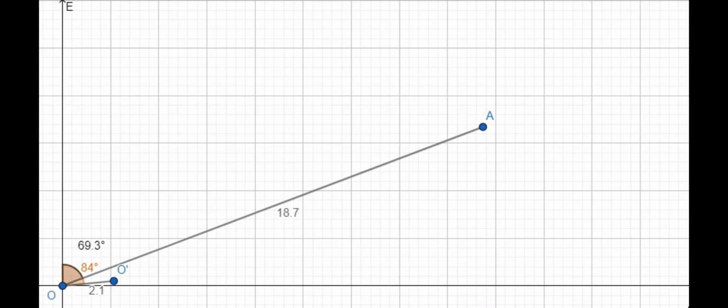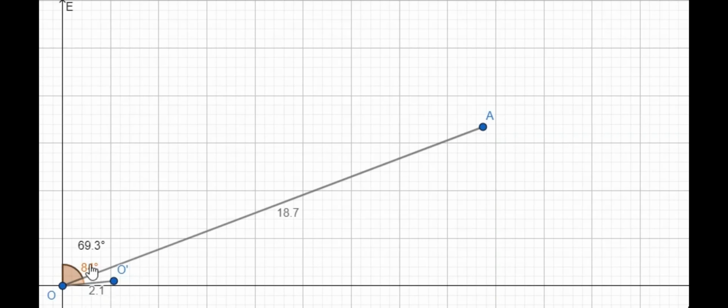Let us take a current scale of 1 centimeter equal to 10 ampere. So now calculate the distance: 21 ampere divided by 10, that is equal to 2.1 centimeter, for the no load current at an angle of 84.4. First we will draw OO dash of length 2.1 centimeter.